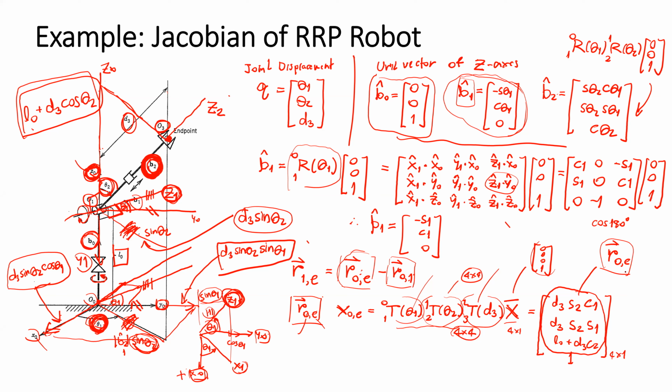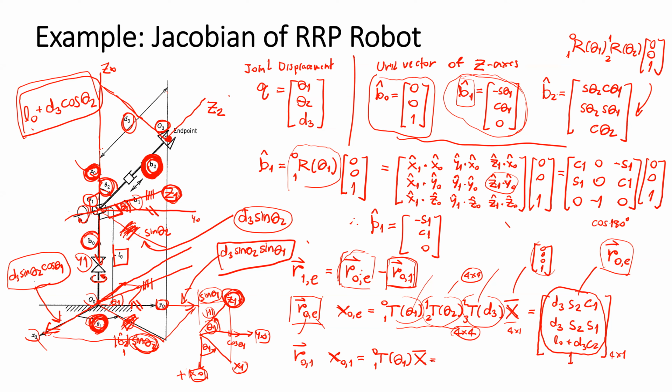How about this one? The relative position vector that relates frame 0 and frame 1. If you want to write this one, we need to have the homogeneous transform of 1 per 0 with theta 1 and multiply by the x bar vector.